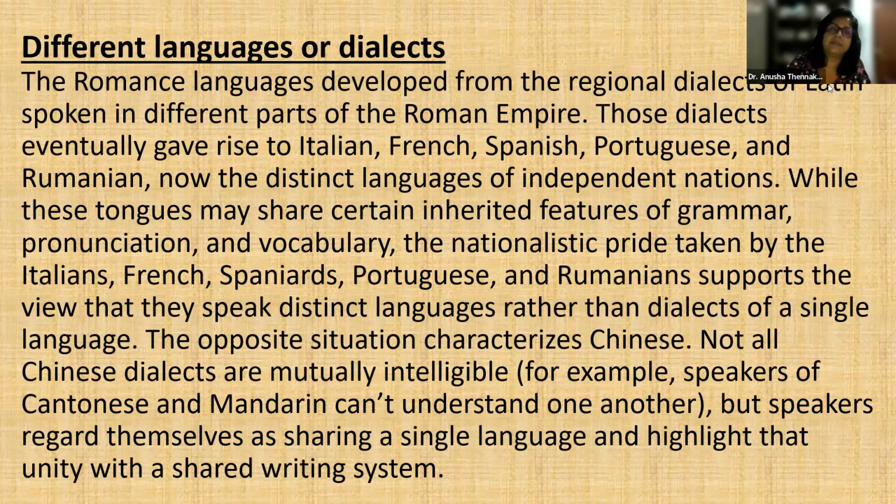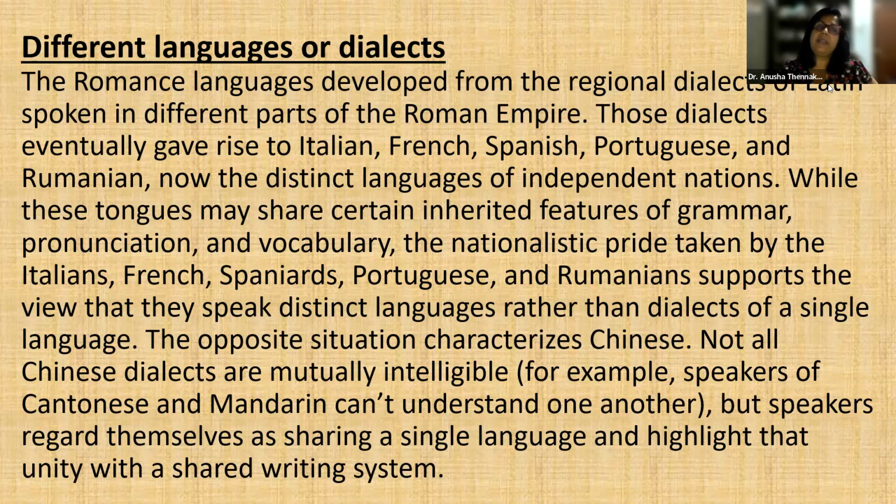Now, the distinct languages of independent nations: the languages used in these countries, Italy, France, Spain, Portugal, Romania, they are not dialects. They are considered as independent languages, but they were originally dialects of the Latin language.